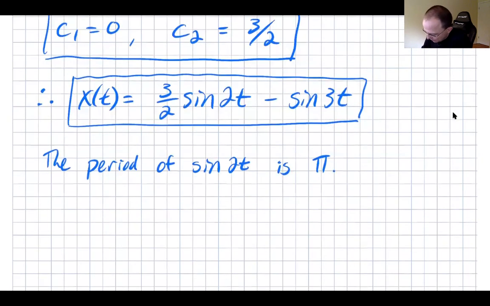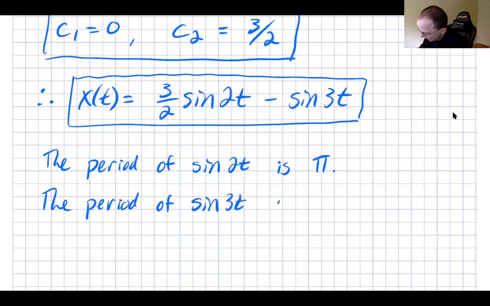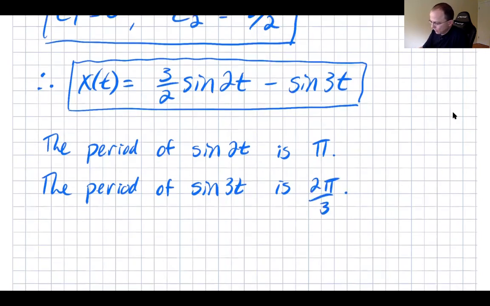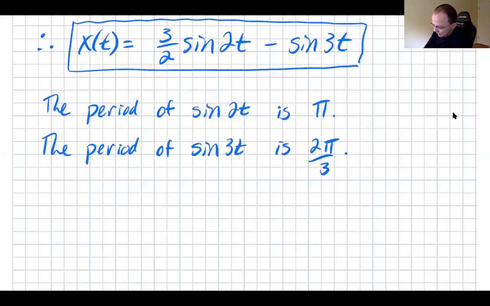And the period of sine of 3t, by the same argument, is when 3t is equal to 2 pi. So 3t equals 2 pi, that's when t is 2 pi over 3. So then what is the period of x of t?